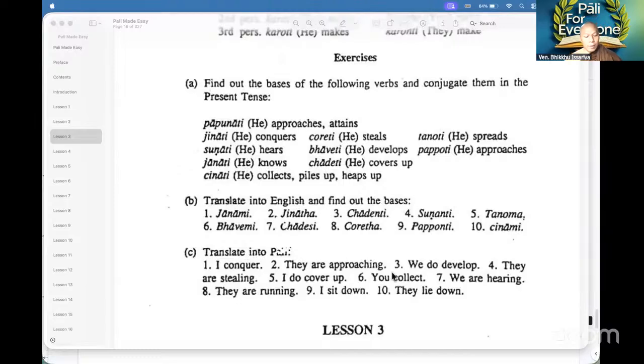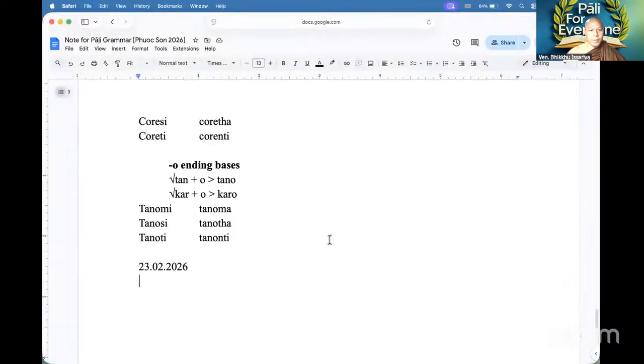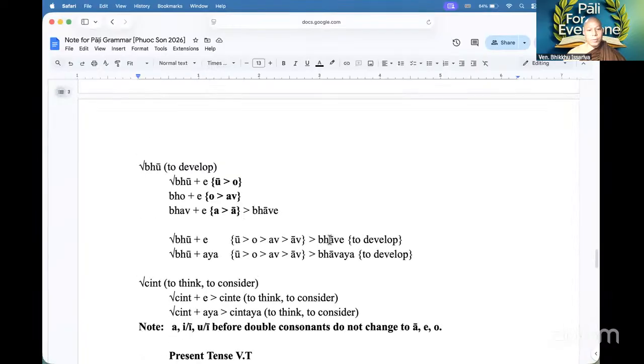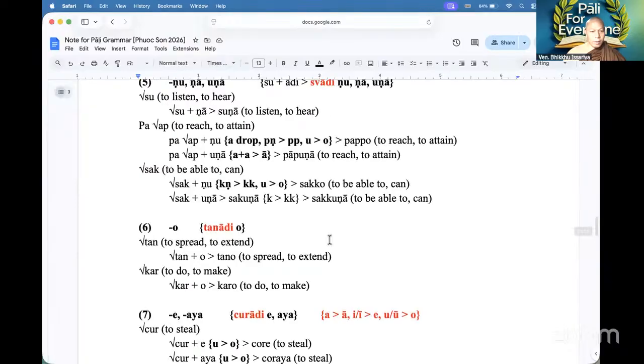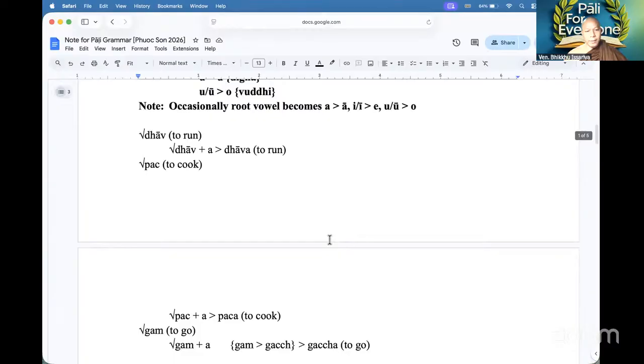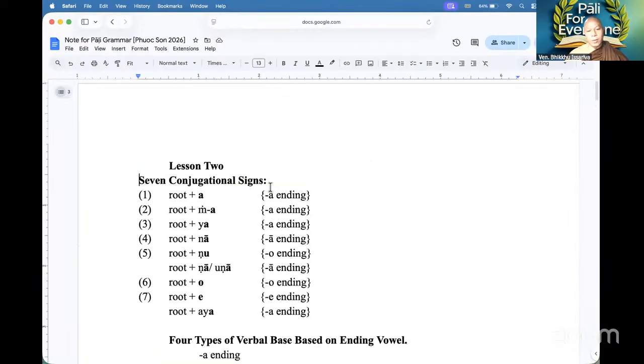Okay, so last time we finished lesson 2. Lesson 2 is about conjugation signs. So 7 conjugation signs, we have already completely introduced.